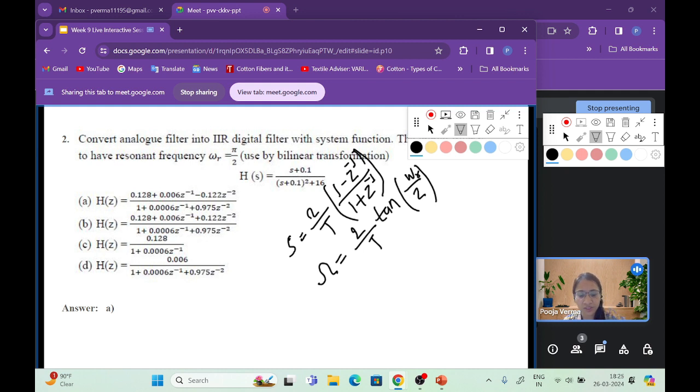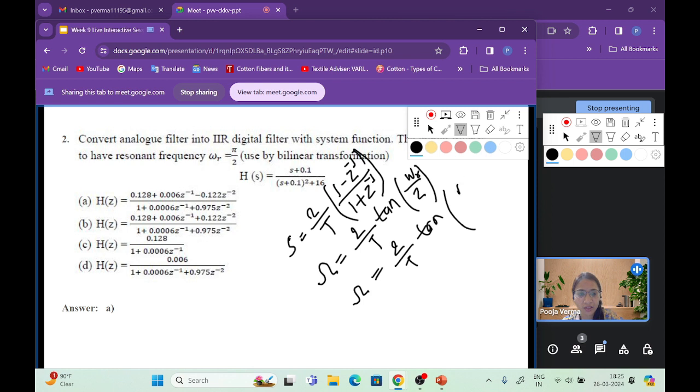So first we will calculate that digital frequency, omega is equal to 2 by T. Also we need to calculate T in order to find out omega. First we calculate tan.